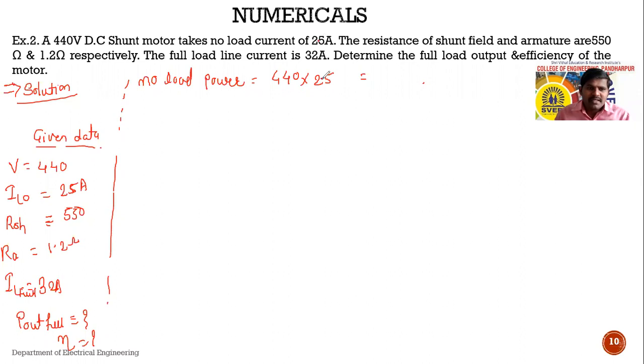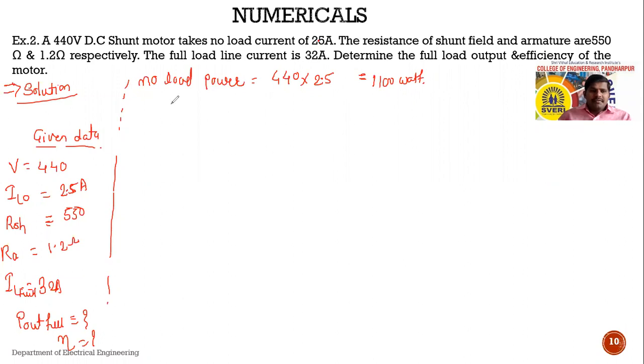All of you make the change, that is IL0 is 2.5. 440 into 2.5 is 1100 watt. Now this power taken at no load condition is only to overcome the no load losses, 1100 watt.